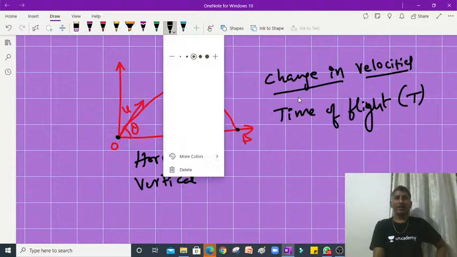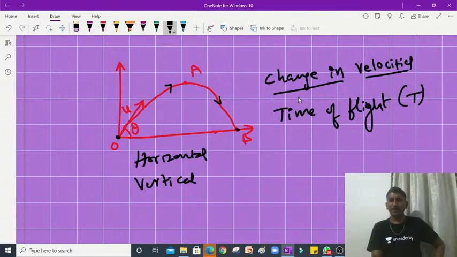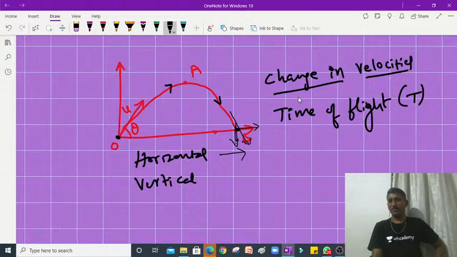What is the change in velocity about horizontal direction for this case? If you see here, at this point velocity will be in this direction, and its components can be observed. In this direction, since this angle is theta, u cos theta takes place.